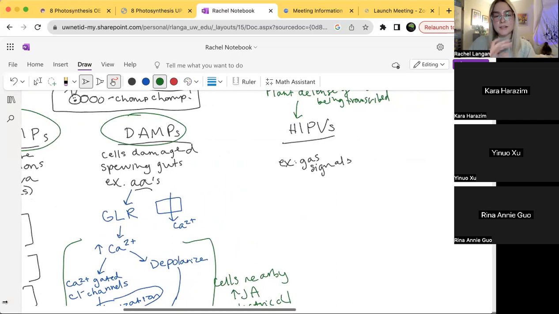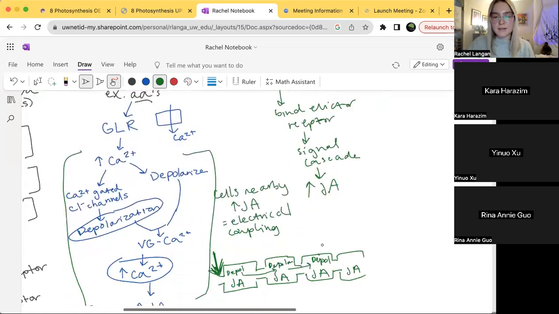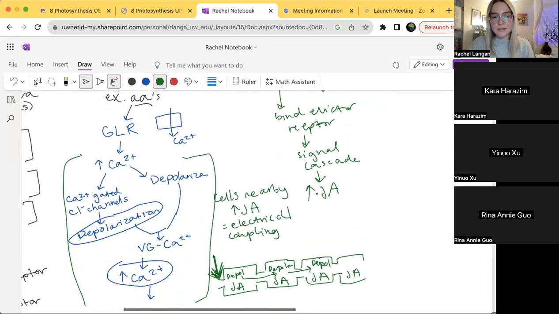And in a plant cell super far away, the HIPVs are going to bind the elicitor receptor. And guess what? Yay, we don't know the pathway. So we're just going to say signal cascade, increase JA. And then all the same JA stuff you should be able to say too.